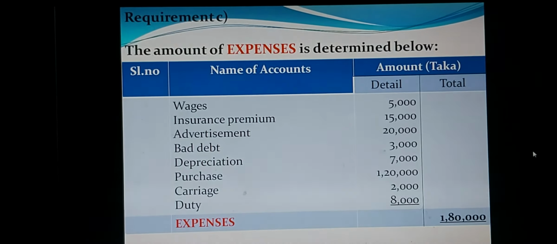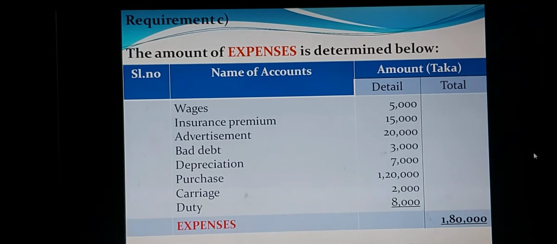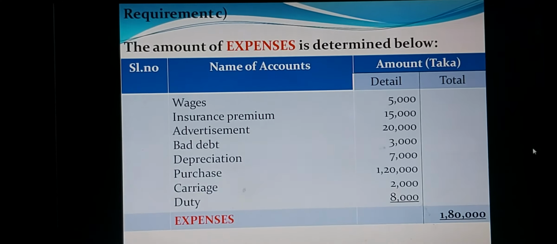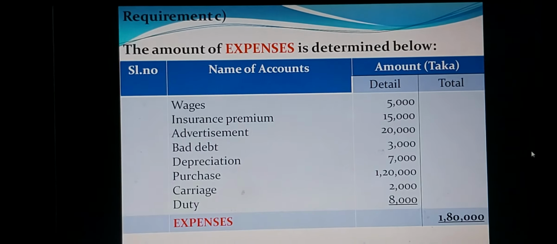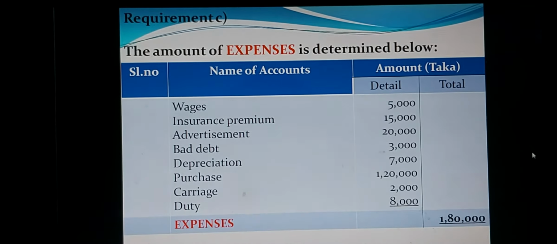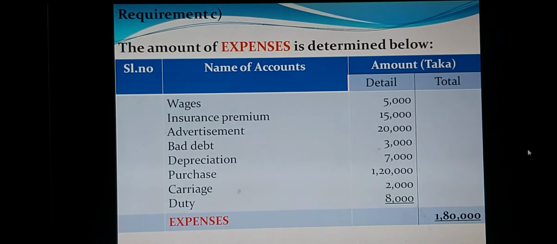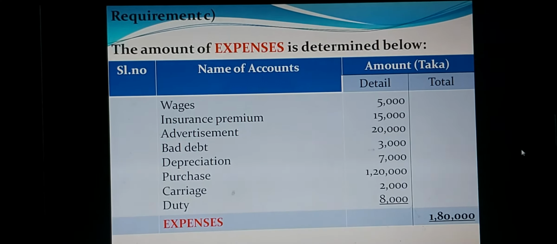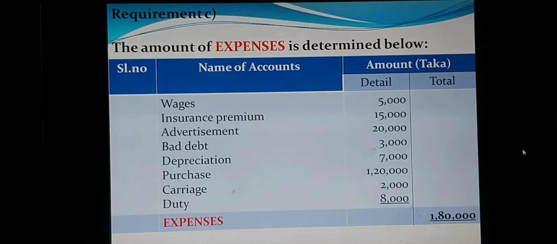So always you can write the depreciation amount in expenses amount. Purchase, this is the big amount of expenses for any business. Purchase, the main source of expenses, is an expense.